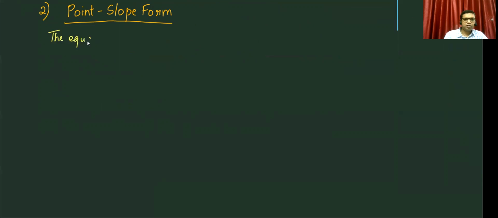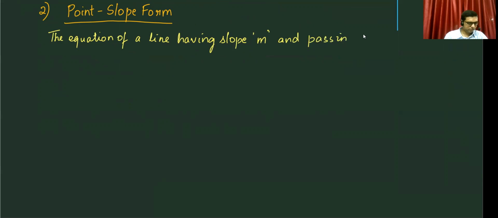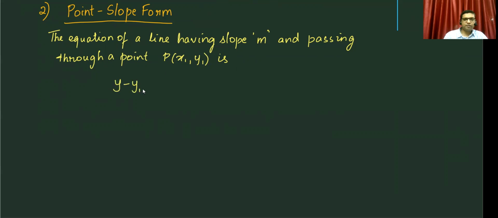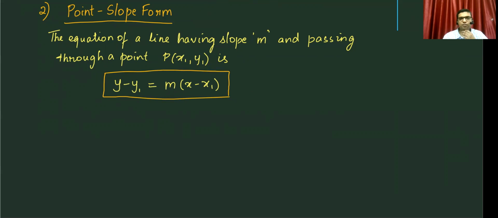The equation of a line having slope m and passing through a point P x1 comma y1 is y minus y1 is equal to m into x minus x1. Very important form to remember.